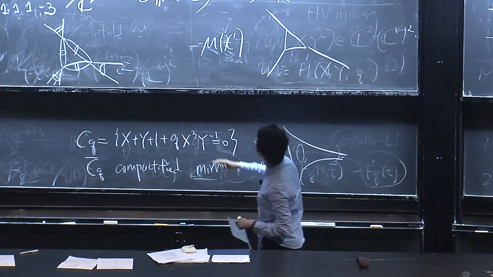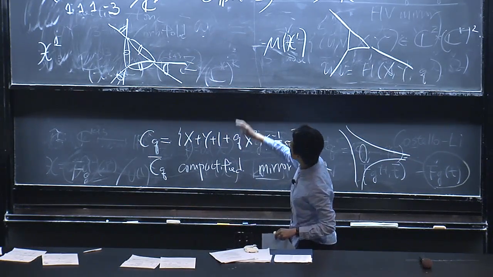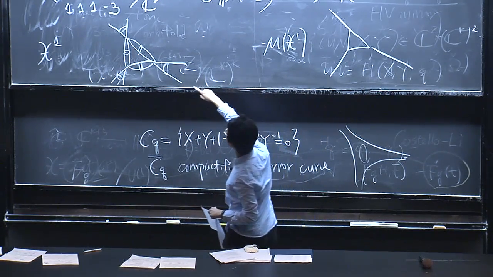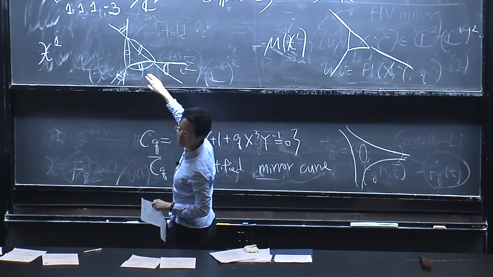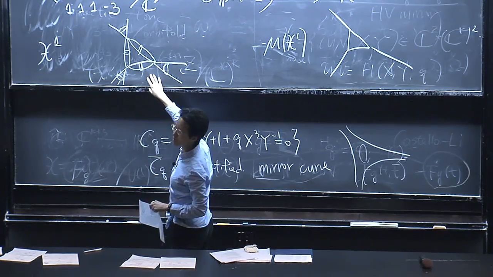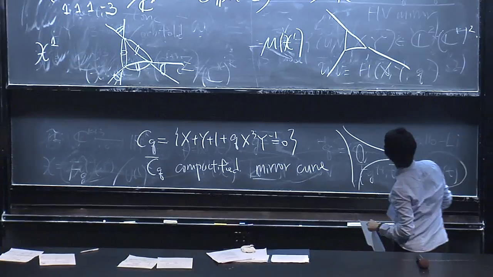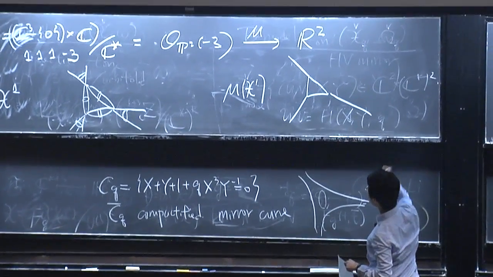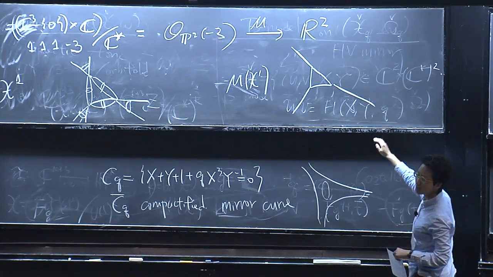Although this is a simple example, you can see what happens in the general case. For any toric Calabi-Yau 3-fold, you have this 1-skeleton, which is a union of 0-dimensional and 1-dimensional orbits. Under the moment map to R^2 by the compact torus, you get a trivalent graph in R^2.